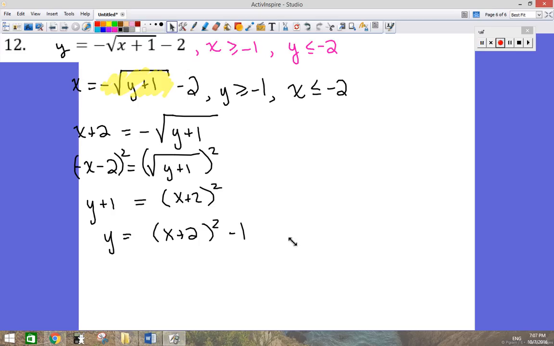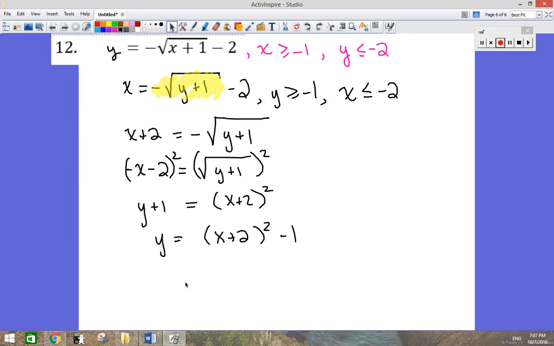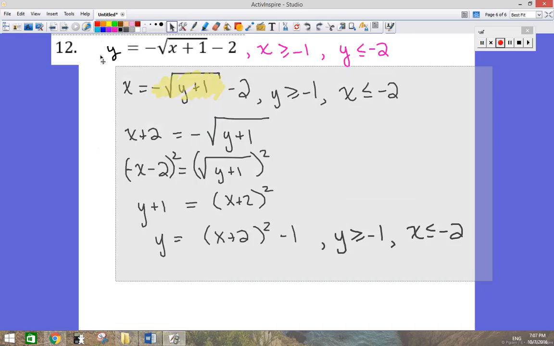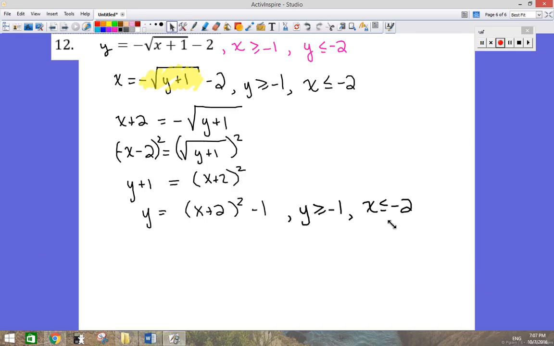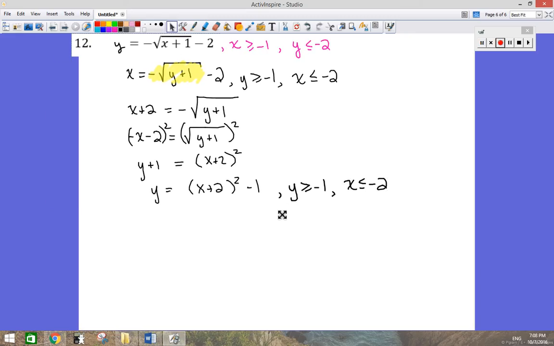Now, remember that for each step I had these restrictions coming on. So let's come down and write them. Y greater than or equal to negative 1 and x less than or equal to negative 2. So let's think about what this graph looks like with these constraints. Without the constraints, hey, this is a parabola that opens upward.